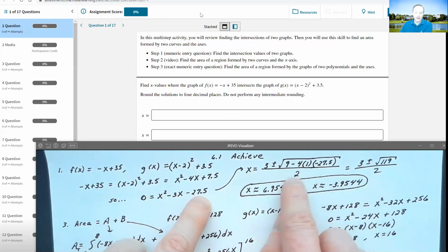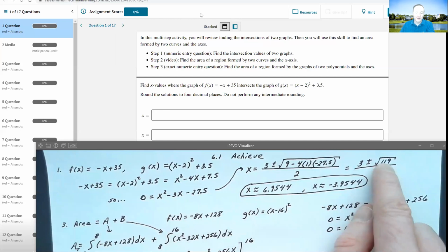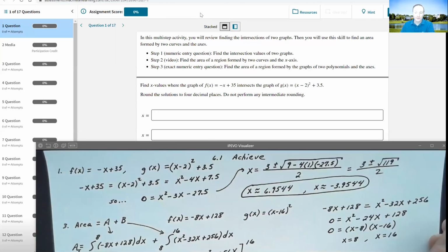Take all of that and divide it by 2 times a, 2 times 1. The inside of the square root simplified to be 119. That doesn't simplify as a perfect square, so for my final answer, I just said 3 plus the root of 119 divided by 2, and then 3 minus the root of 119 divided by 2.